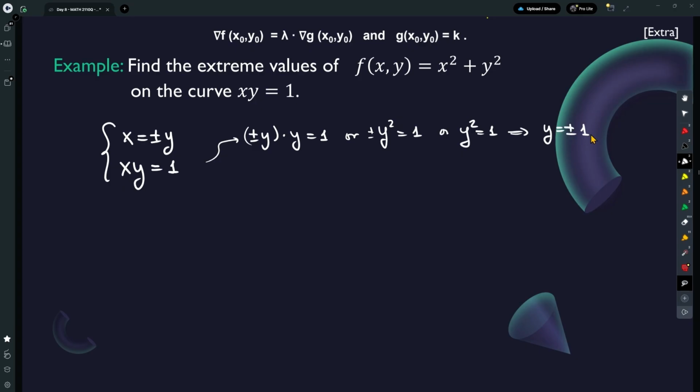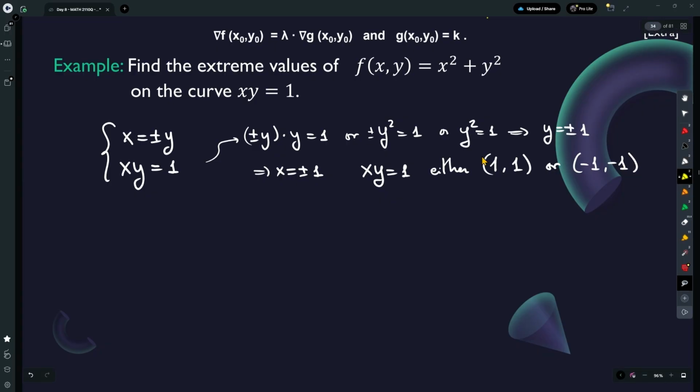And since x is plus or minus y, we get also that x is plus or minus 1, but they have to be on the hyperbola x times y equals 1. So either x is 1 and y is 1, or x is minus 1 and y is also minus 1, so that their product is 1. So these 2 points are the critical points for that function on that graph.